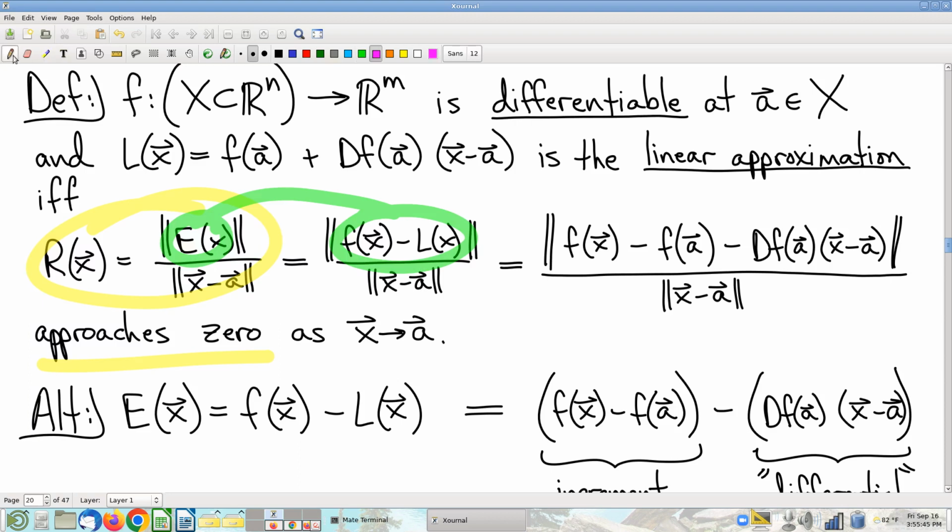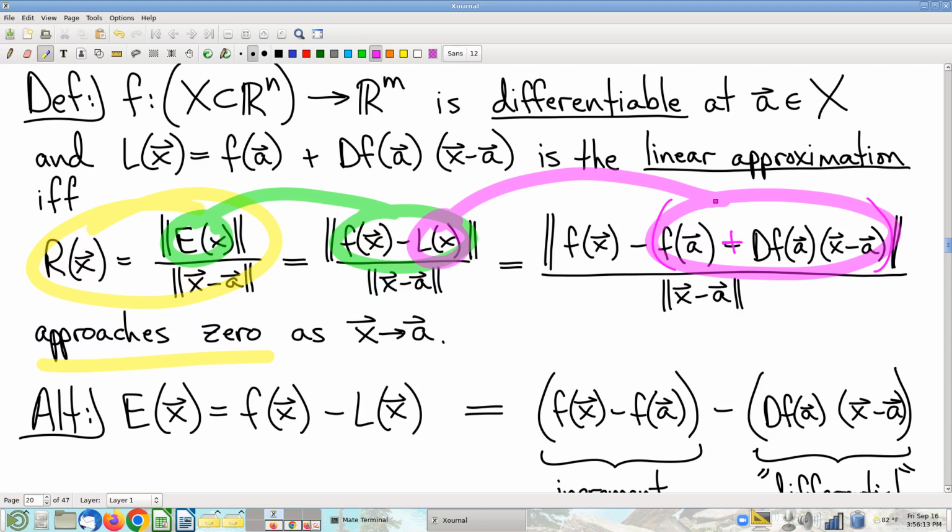Furthermore, don't forget, and I'm going to put some parentheses in here temporarily, that the approximated value is our linear approximation there. So this great big monstrosity on the right, this is how we tend to write down the definition of differentiability.